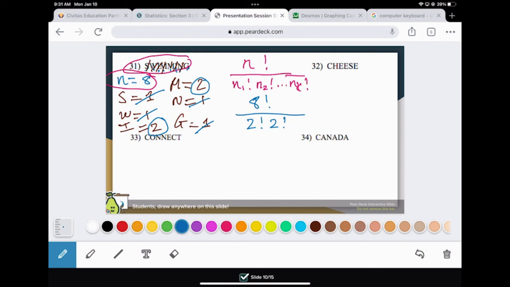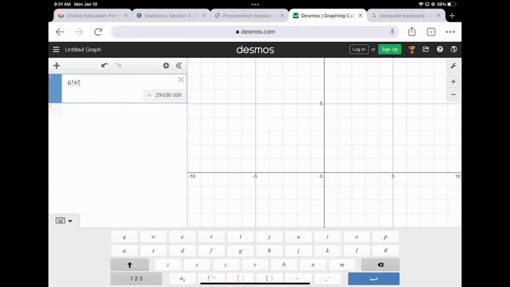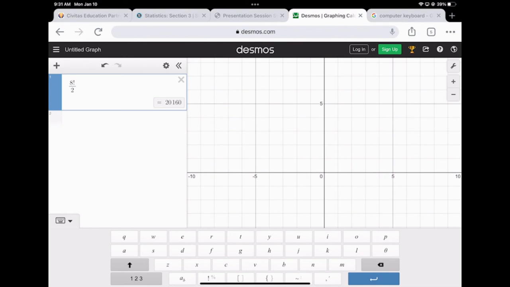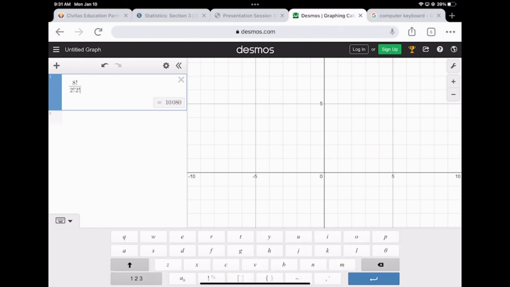It's correct. So when you put it in decimal, again, same thing. 8 factorial. Whoops, I need to clear this. 8 factorial over 2 factorial, and there's another 2. So you type it exactly how you see it. And the answer was 10,080.